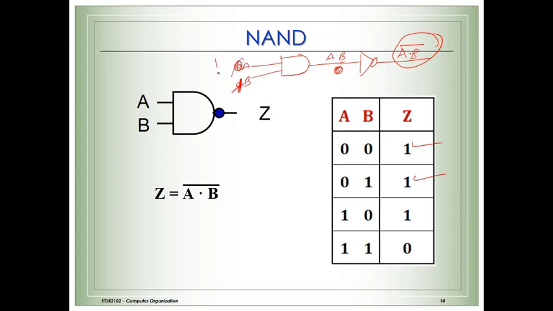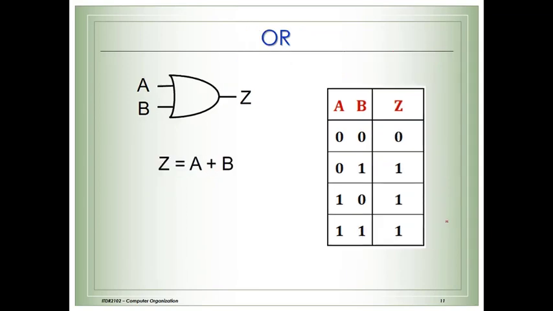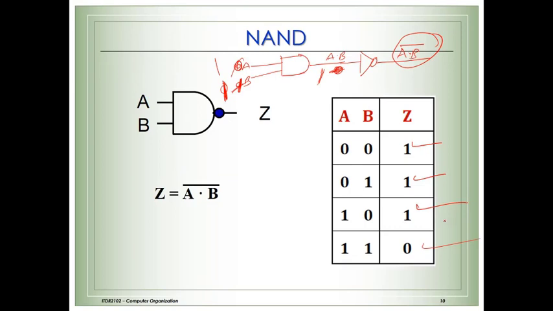Or if A is 1, B is 0, A and B will still be 0, but if you pass it through the inverter, the result will be 1. But if both A and B are 1, then A and B will become 1. If you pass it through the NOT gate, then the result will become 0. So this was our NAND gate.